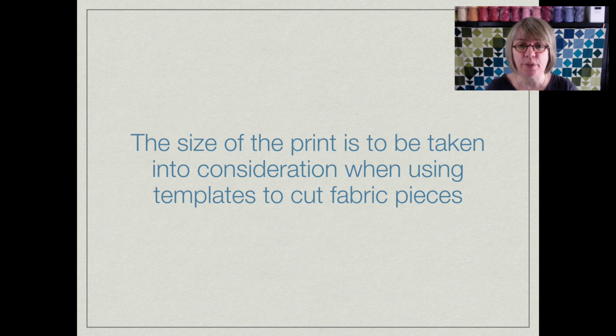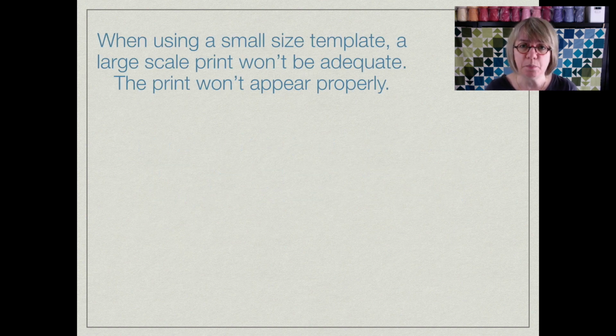Now, the size of the print is to be taken into consideration when using templates to cut fabric pieces. Why? Because when using a small size template, a large scale print won't be adequate. The print won't appear properly.